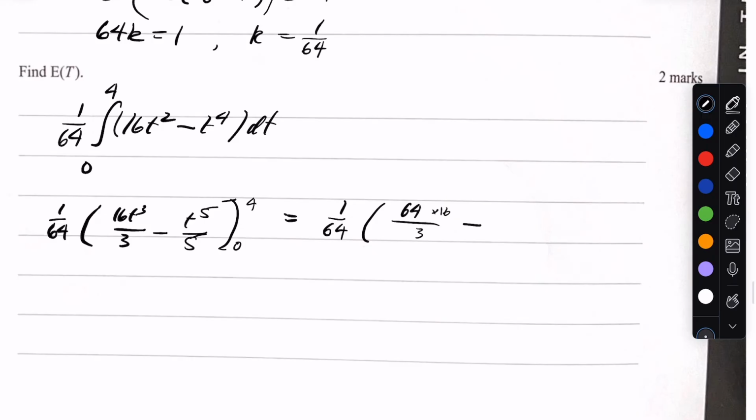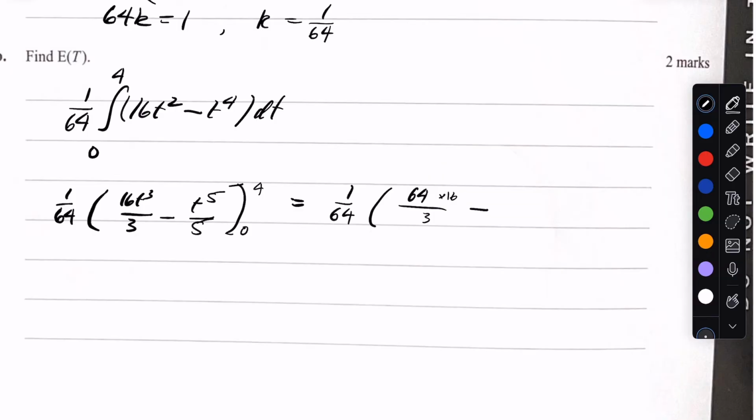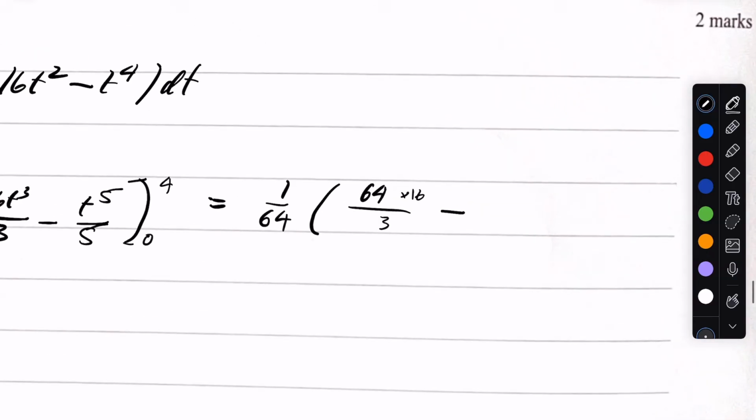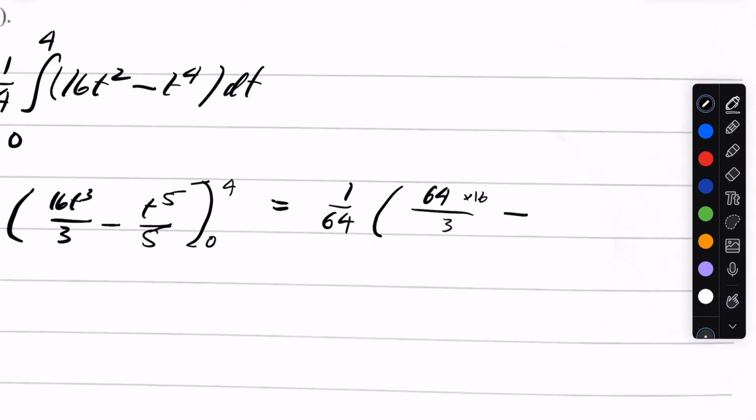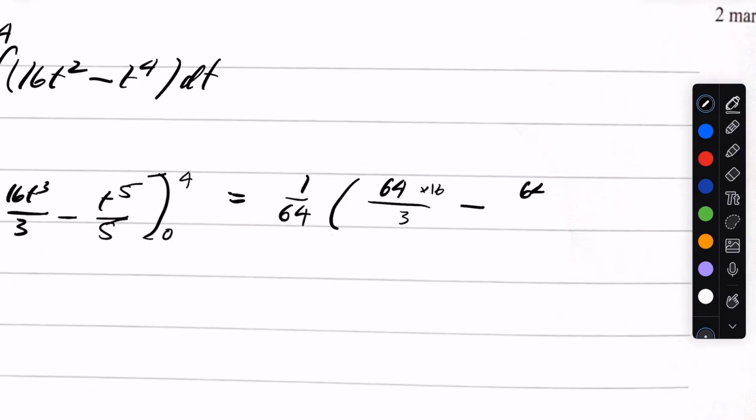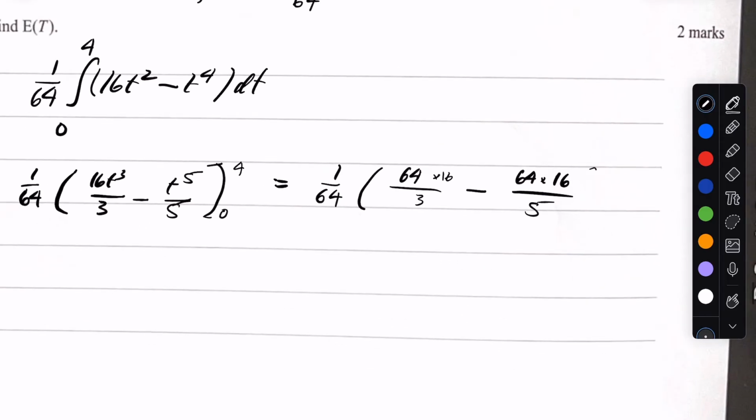Then minus t to the 5 over 5. So again, I'll keep 64 out. So 4 cubed is 64, and then times by 4 squared is 16. And that gives t to the 5 over 5, and then subtracting 0 is fine.